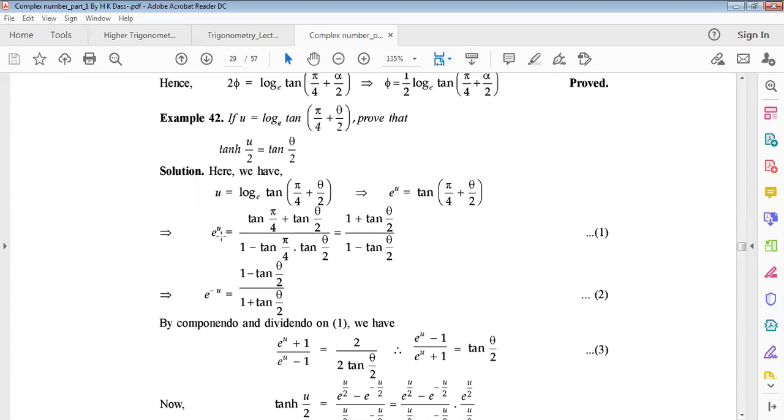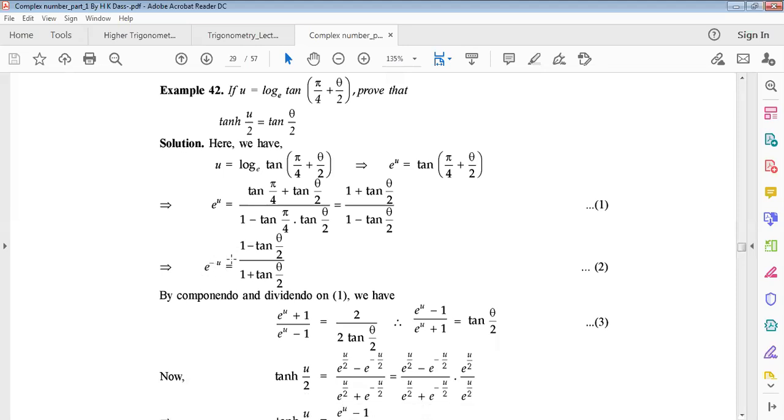Therefore, e to the power u equals, this is the formula of what? Tan a plus b: tan a plus tan b divided by 1 minus tan a into tan b. Tan pi by 4 means tan 45 degrees, which equals 1. So 1 plus tan theta by 2 over 1 minus tan theta by 2.